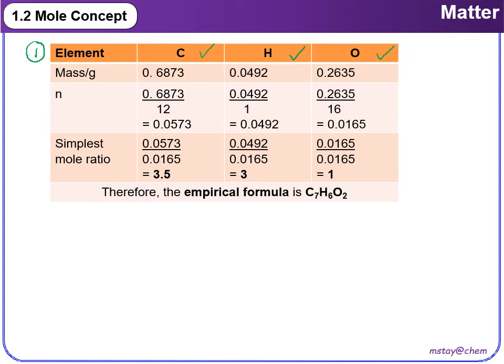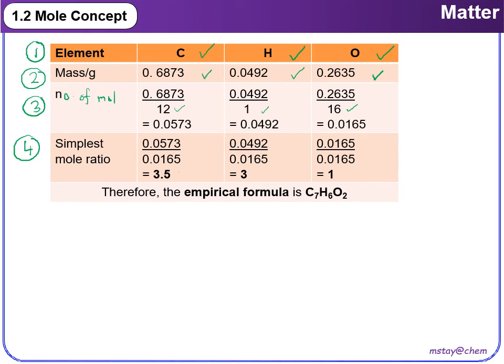Based on the combustion data in the previous slide, we already determined the mass of carbon, hydrogen, and oxygen as well. So step number 3, we are going to determine the number of moles of each element by dividing with the atomic mass.